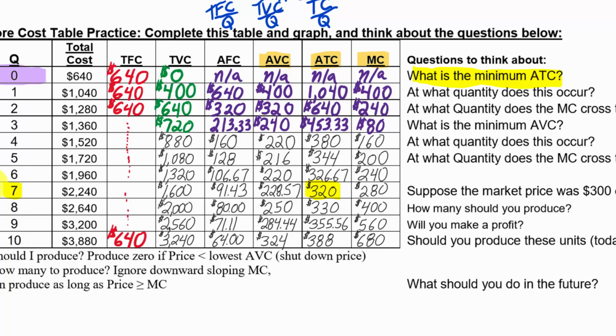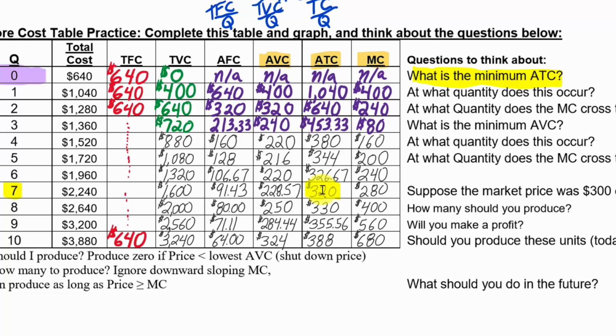But we know for sure that there is at least one way we could make a profit if the price is $400. And that is, we could produce 7 units. It's going to cost us $320 each. If we have $400 coming in for each unit, and it costs us $320 on average for each unit, we have to be making $80 for each unit, right?